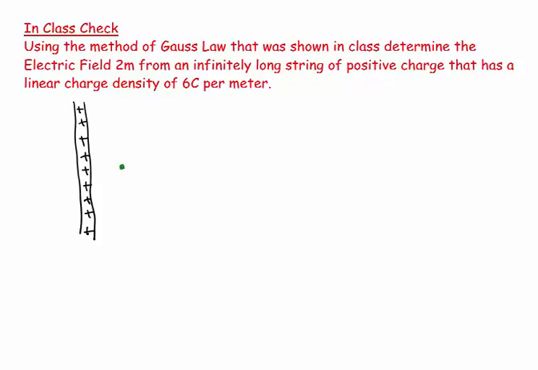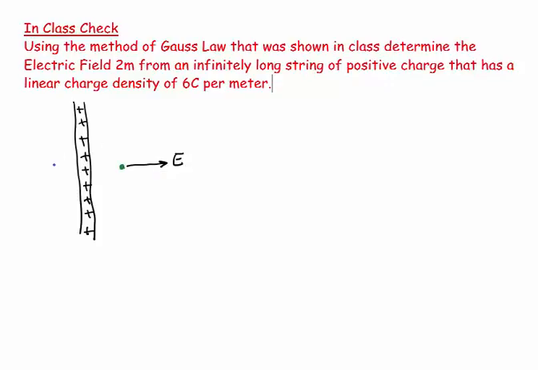And as always, I want to draw a Gaussian surface that helps me determine this value of E. From the symmetries, I look for a situation where E is constant on the Gaussian surface, and where either E is parallel to the little area vector dA for the window I'm interested in, or E is perpendicular to the area vector.